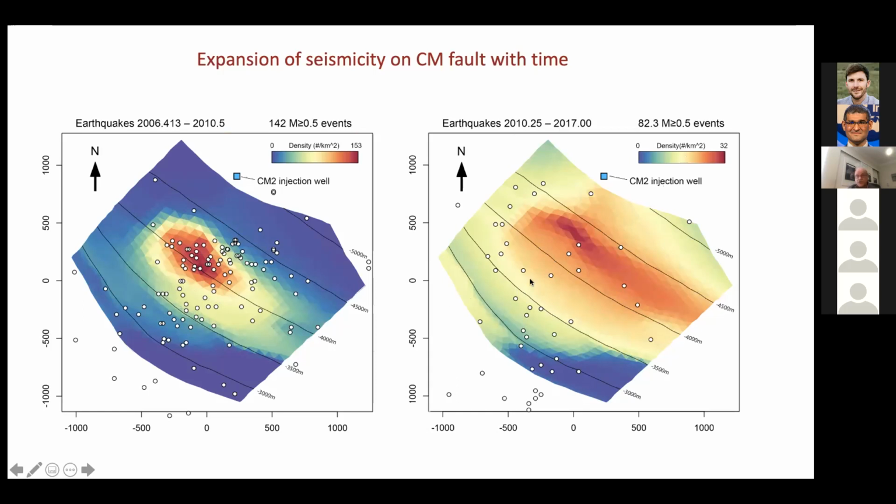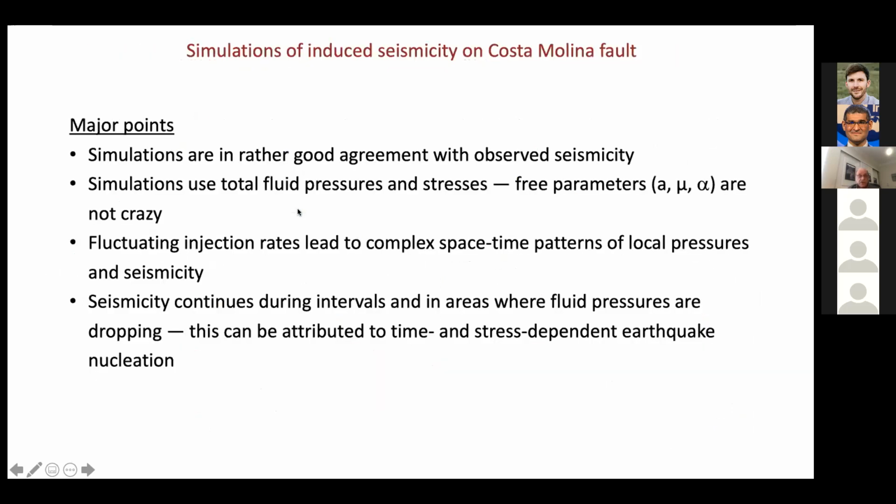You see some expansion. There's some uncertainty in earthquake locations. Also note that the earthquake density is much lower for this later period than it is for the earlier one.